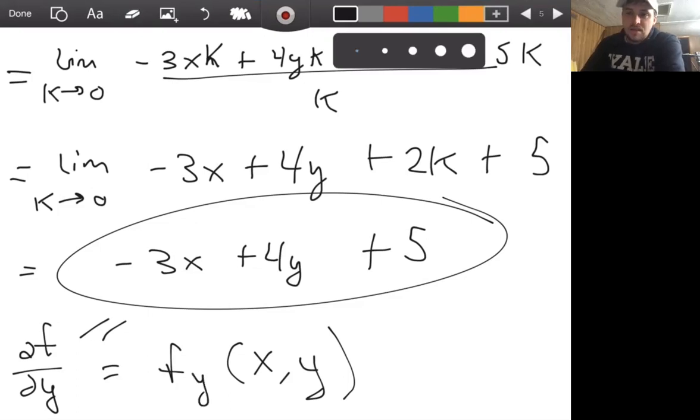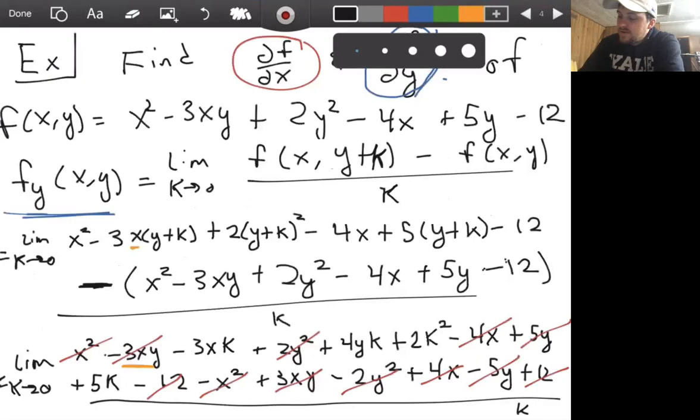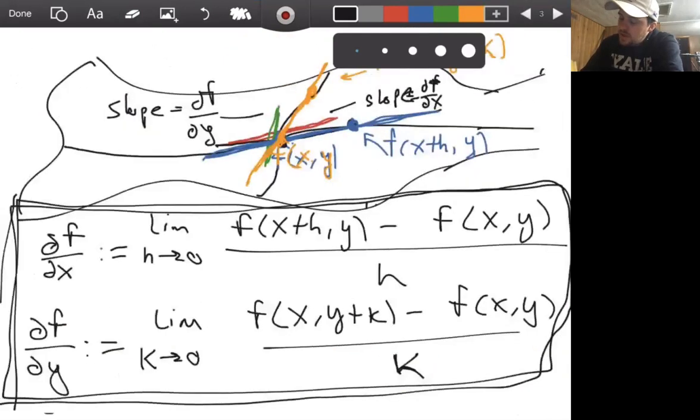Okay, and that was very tedious, right? The limit definition of a derivative is always a tedious calculation, even for relatively simple functions. So hopefully there's an easier way to do this, and there is.